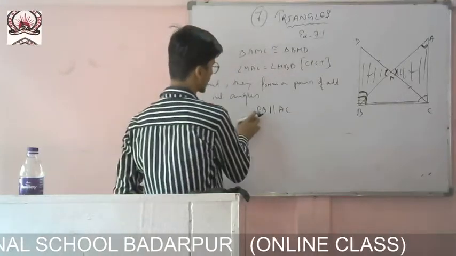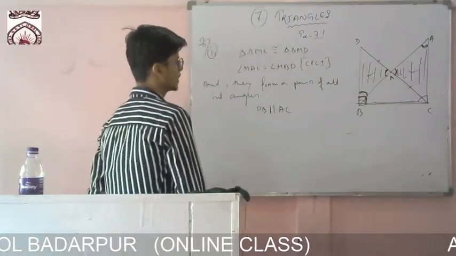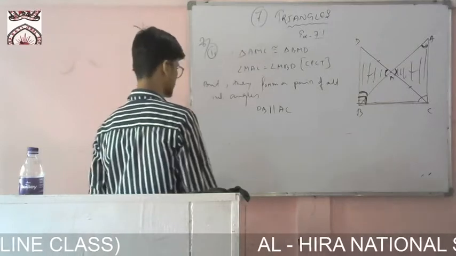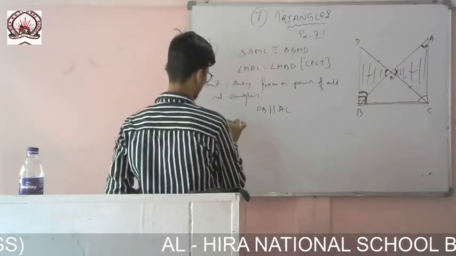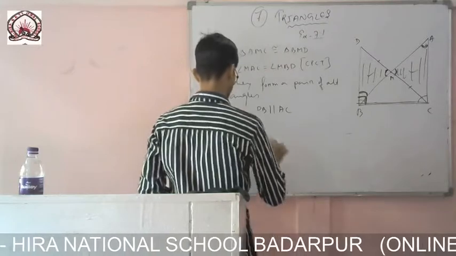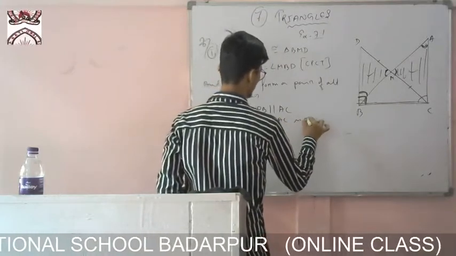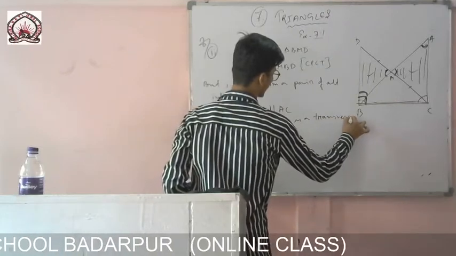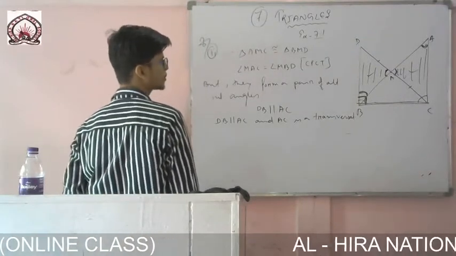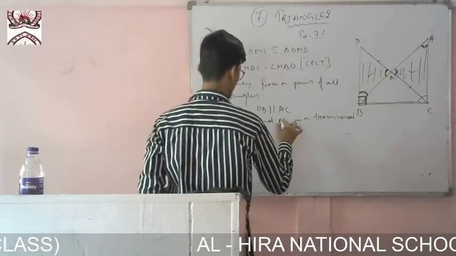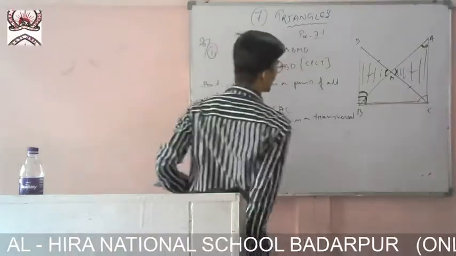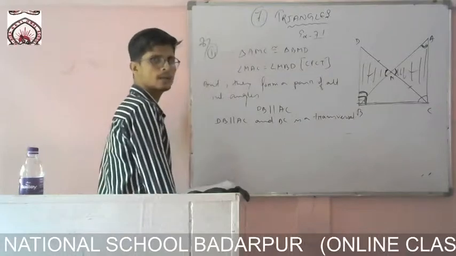So now, if DB is parallel to AC, and if we take BC as a transversal, then since DB is parallel to AC and BC is a transversal, the sum of these two angles will be 180 degrees because they are co-interior angles.